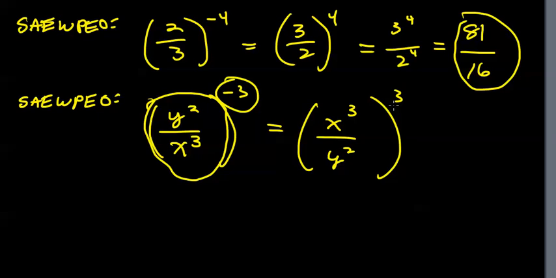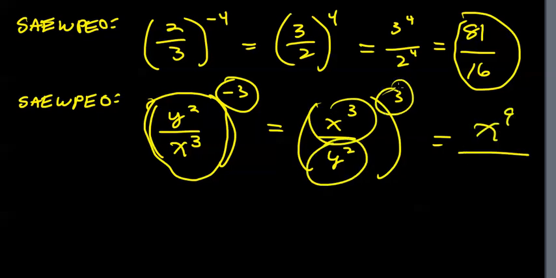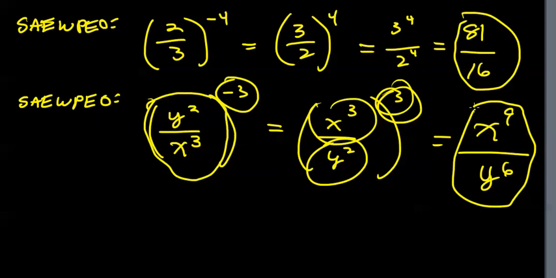Now all my exponents are positive, and it's much easier to deal with. In the numerator, x cubed cubed is x to the 9th. In the denominator, y squared cubed is, of course, y to the 6th power. A nice, easy way to deal with negative exponents on quotient expressions.